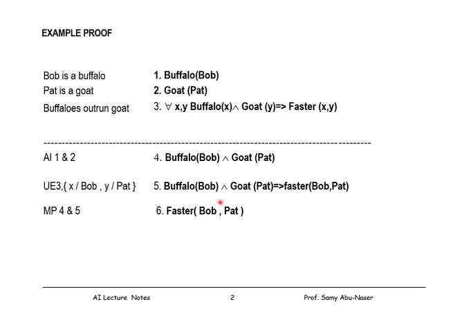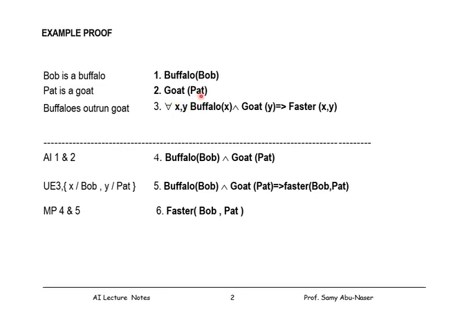Example, proof. We are given three sentences here. Bob is a buffalo. Bet is a goat. Buffaloes outrun goats, talking generally. The first sentence, Bob is a buffalo, we can translate to Buffalo(Bob) in first order logic.